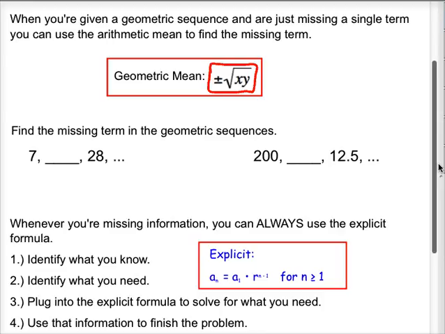All right, so you multiply the two numbers, square root them, and remember when you square root as part of a formula, you always get plus or minus.